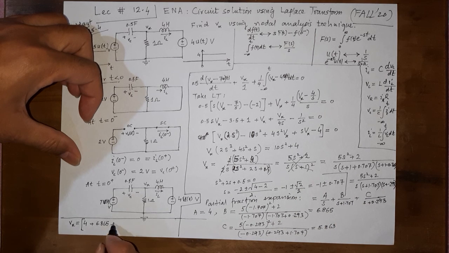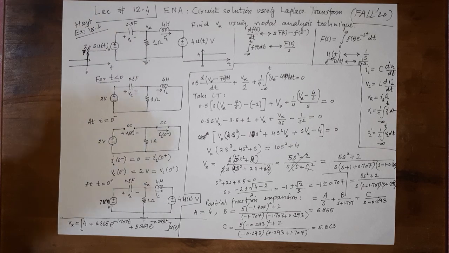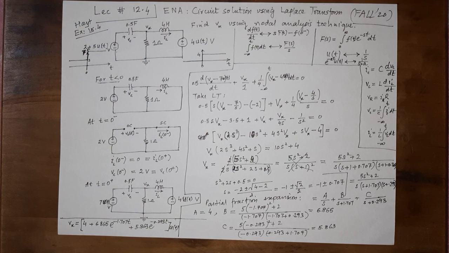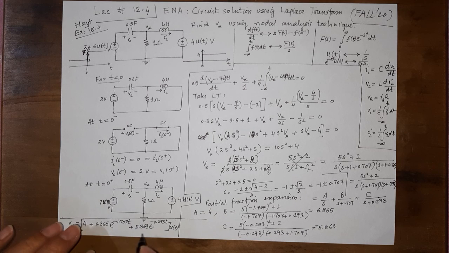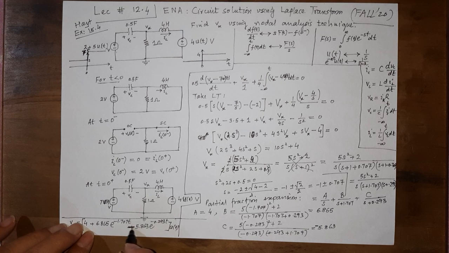So this is b e raised power minus 1.707t plus 5.863 e raised power minus 0.293t u(t) should be the Vx that we are looking at. I think I have omitted this fact that this would be negative. So actually this would be negative here, and we are going to get a negative sign here.